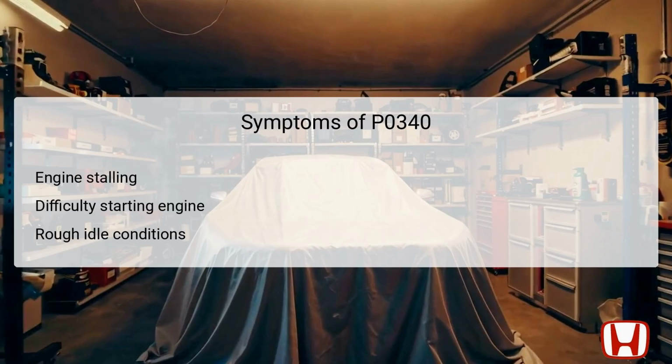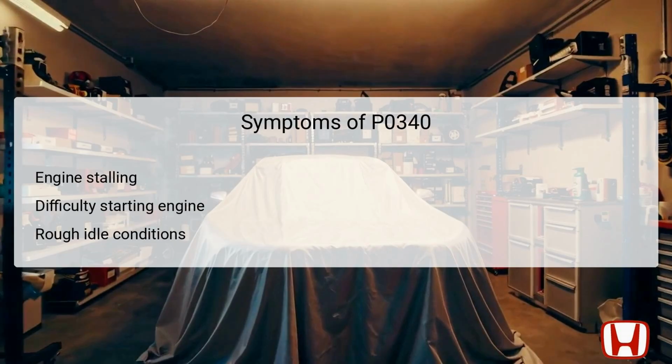When the P0340 code is present, various symptoms can surface, indicating the underlying issues with the Camshaft Position Sensor A. One of the most prevalent symptoms is engine stalling, as the PCM lacks critical timing information for smooth operation.